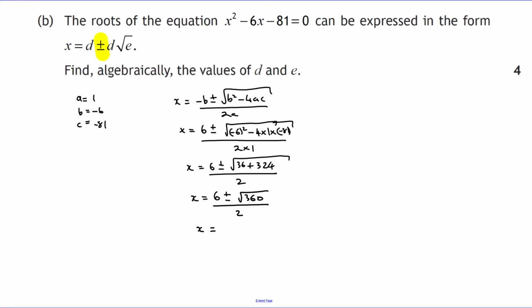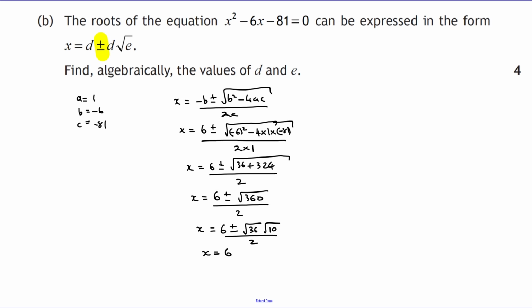And now what it's looking for us to do is try and simplify this. Rather than solve, because we've not got a calculator, we're going to try and simplify. So we get 6 plus or minus, and the square root of 360 is a surd. So we want to think of what times what gives us 360, and it's going to be 36 times 10, all over 2.